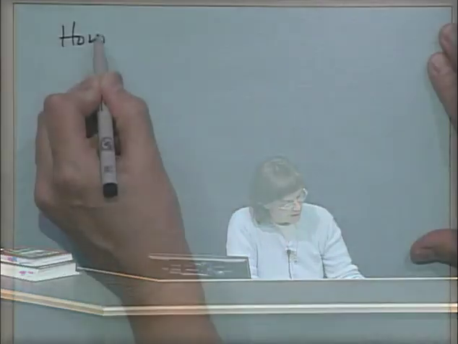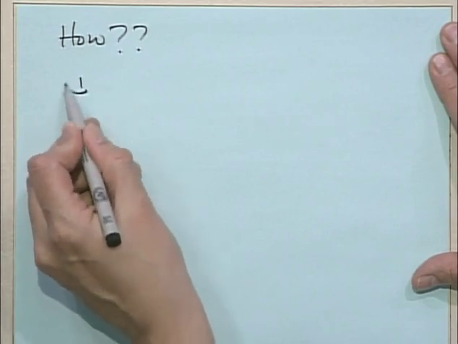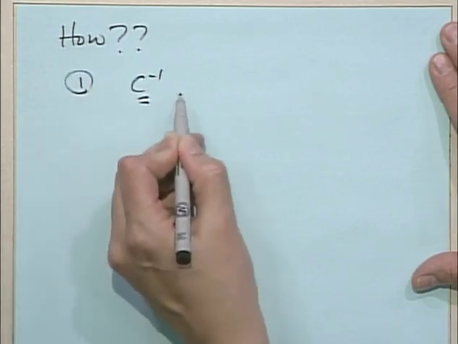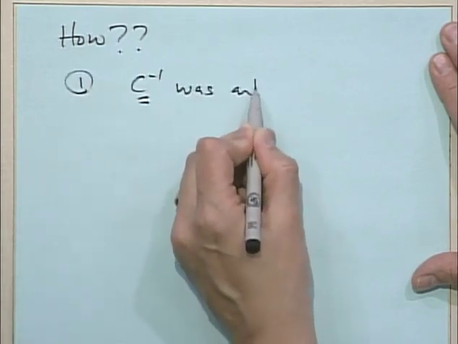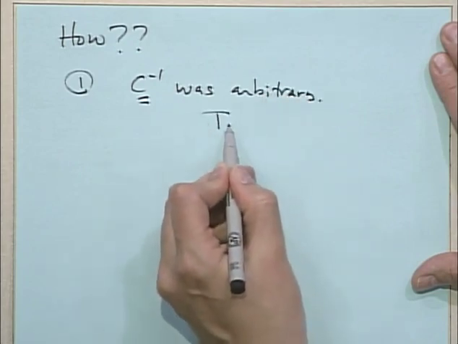Now, how can we get to these new results? That's the next step. Well, first of all, the finger tensor was arbitrary. So we could try other tensors.